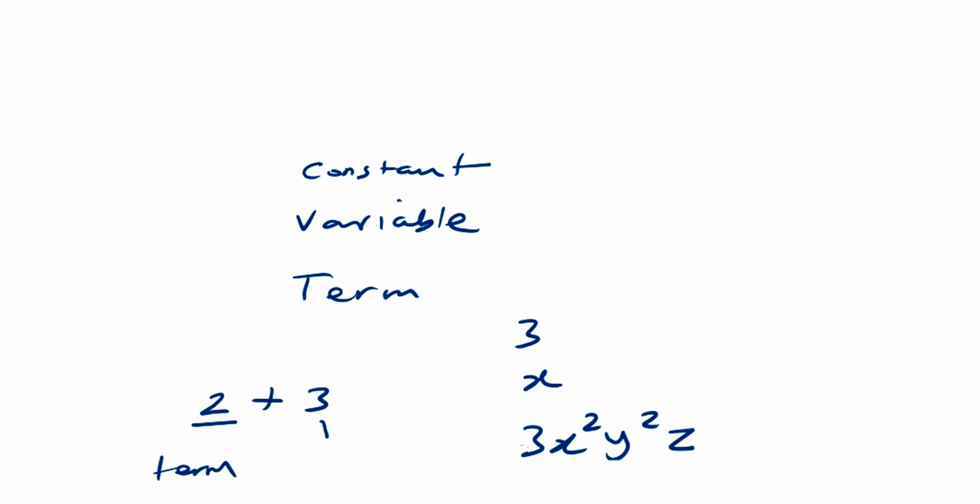3 is a term. They are separated by a plus, so it's technically an expression made of only 2 terms, and so this qualifies as a binomial, strictly speaking. Okay, it is a binomial.